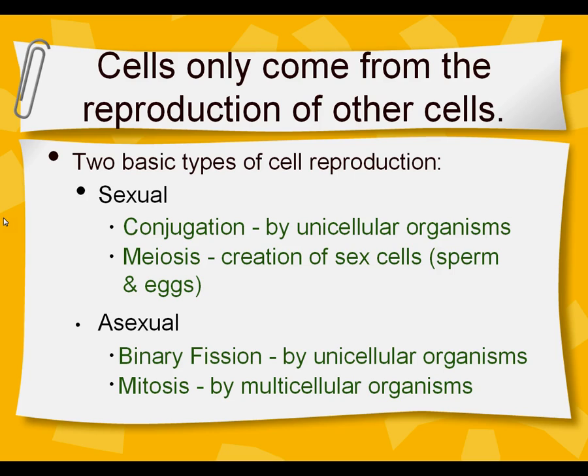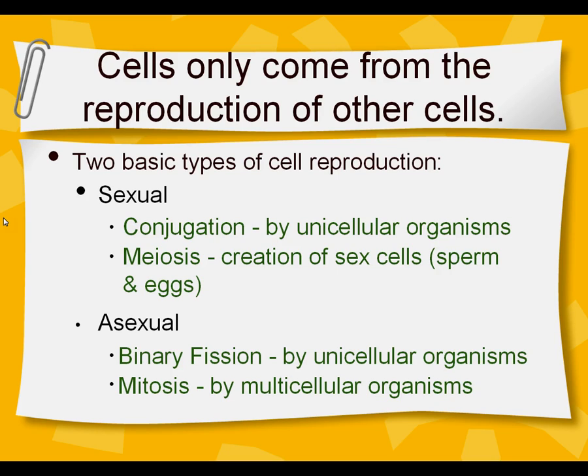I want to bring you back to the idea that cells only come from the reproduction of other cells, and how I said that this was a theory. I used to tell my classes that we know all of the parts and the pieces that make up cells, but if you put them all together, we can't make it quite function or come to life.